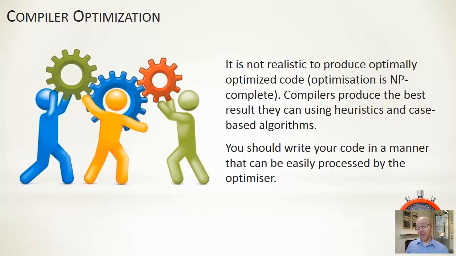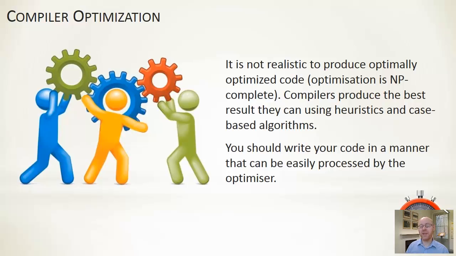What that means then is that basically all compilers we have nowadays use heuristics, rules of thumb. They say, well, I'm going to test for this, or if I see this, I'm going to do that. So sensible rules of thumb or case-based algorithms that, in this particular case, here's what I should do to speed it up.